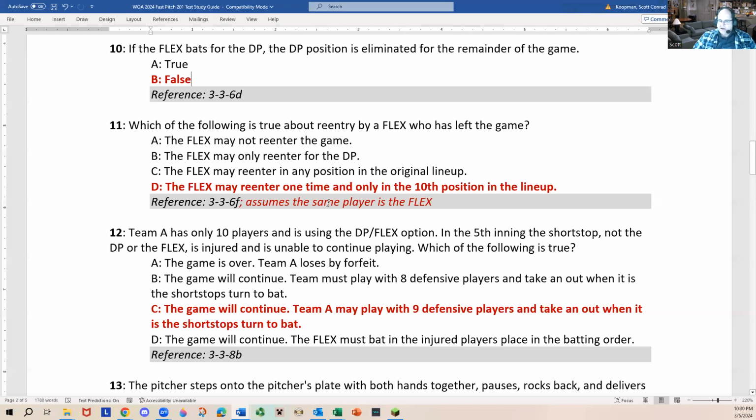Each player can come into the game twice. So this question assumes that we haven't subbed anybody for the flex. The natural assumption, but they could be explicit about it. But assuming that the flex hasn't been subbed for this, it's the same player. It's Betty. Well, Betty came out of the game once. Betty can come back in one more time, but as the flex, only in the 10th position.